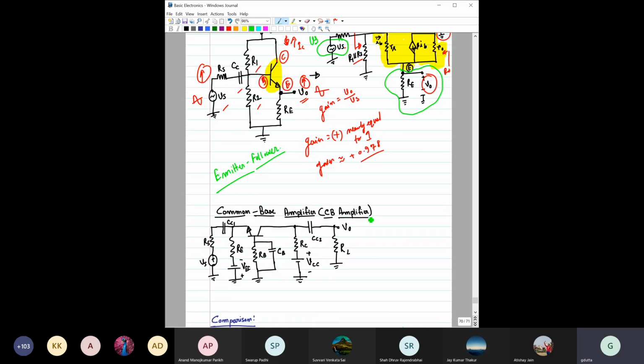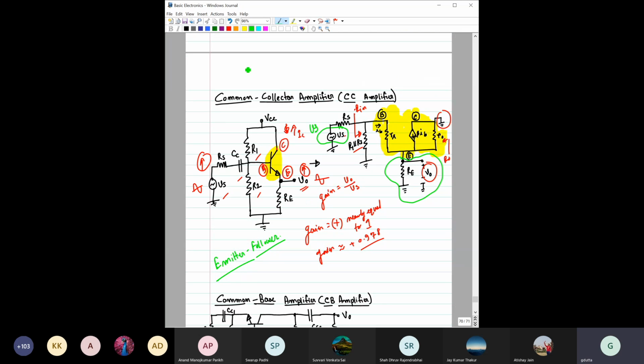So remember that. In this context, it is also important to mention how you will find the current gain. Say this current is II, the input current, and here the current that flows is I out.